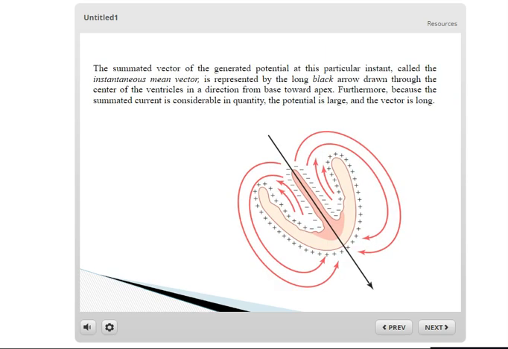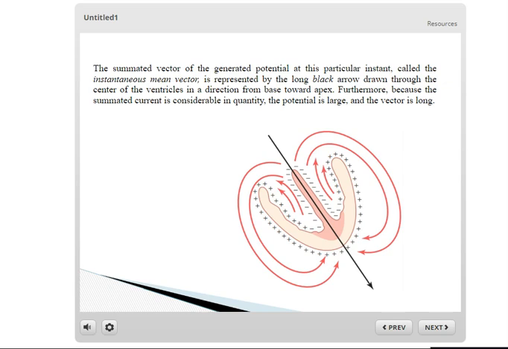The instantaneous mean vector represents the overall direction and magnitude of the electrical potential generated by the heart at a specific moment. It is a crucial concept in understanding how electrical signals propagate through the heart muscle. This vector is typically illustrated as a long black arrow.